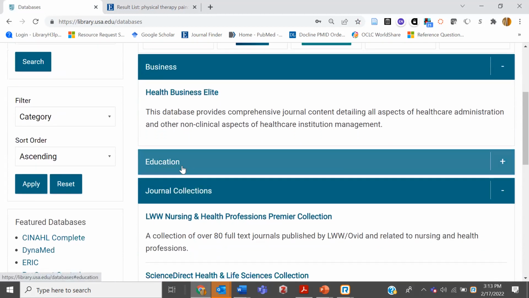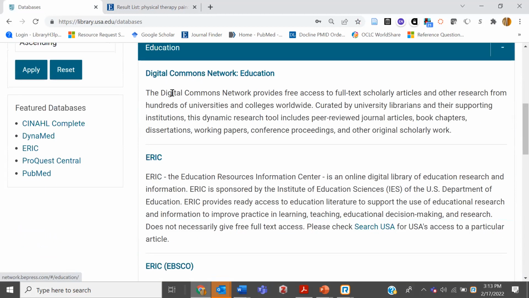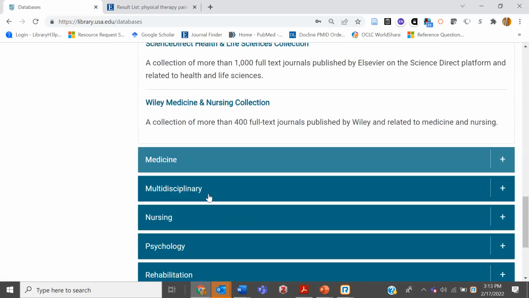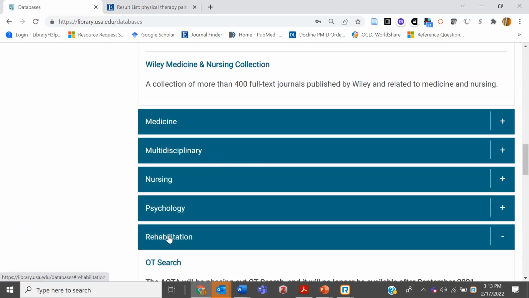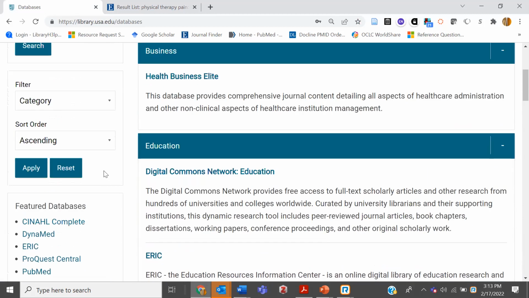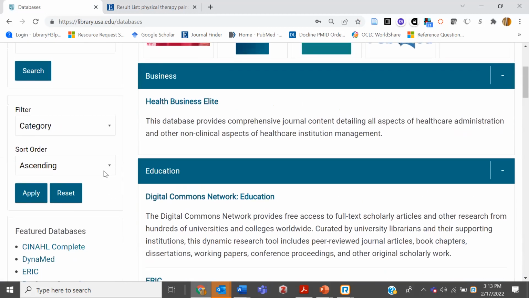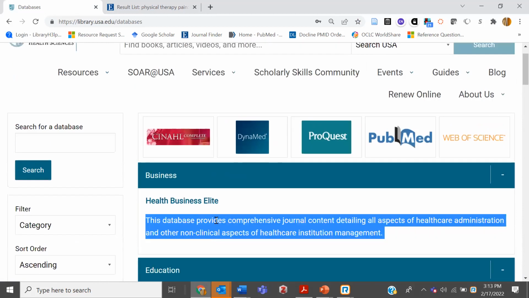So we've got education databases, we've got business databases, medicine, nursing, psychology. So depending on the topic that you're searching, choosing one of these databases is going to really help focus your results.